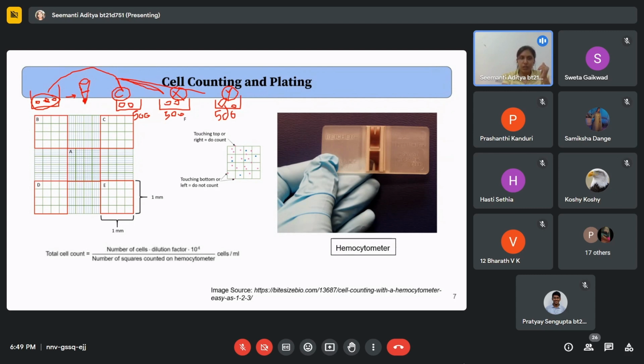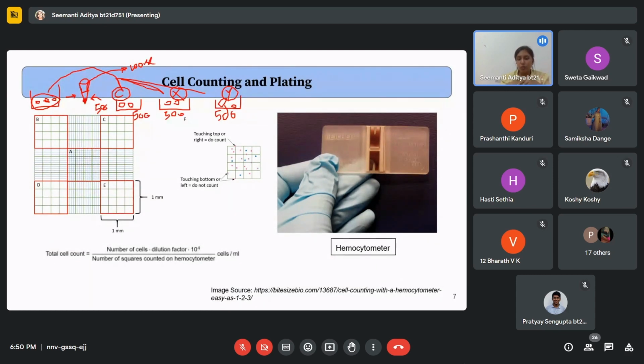Suppose here I am putting around 500 microliter of media, and from this 500 microliter I am taking 100 microliter out and putting 100 microliter of trypan blue. Trypan blue is a dye which is used to stain the dead cells.